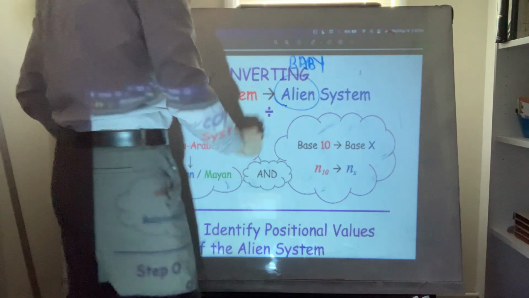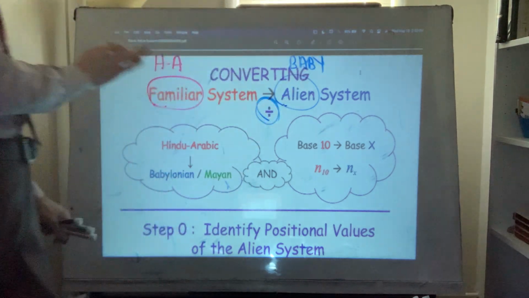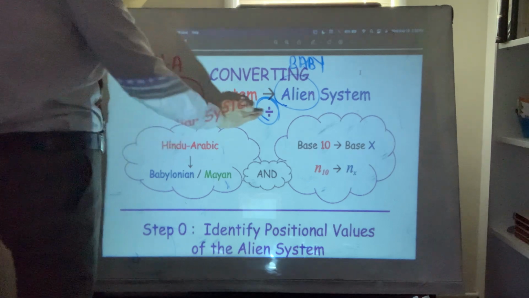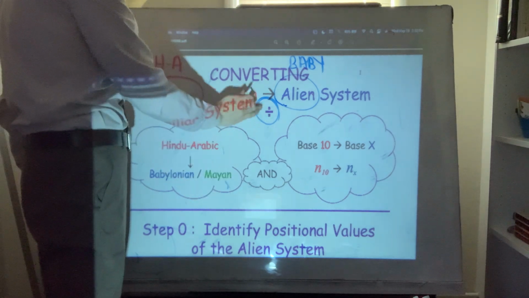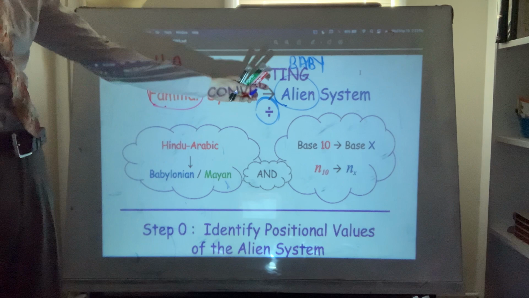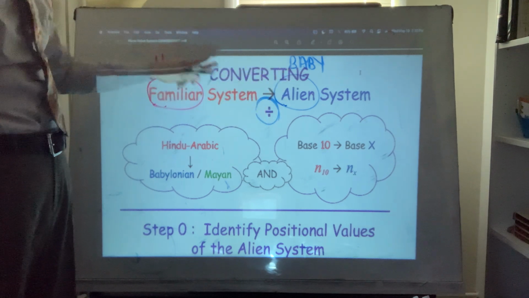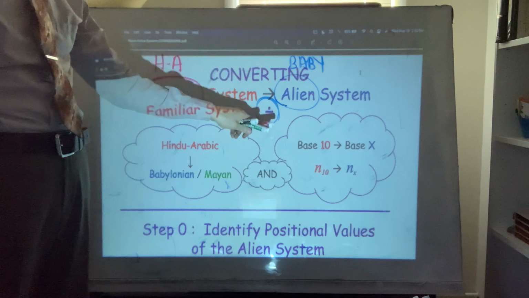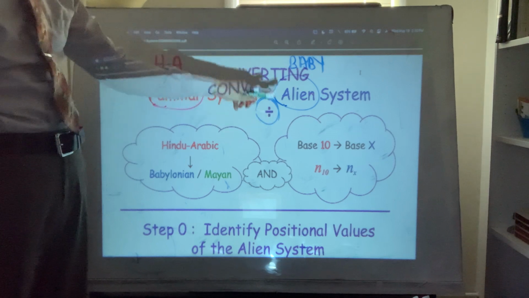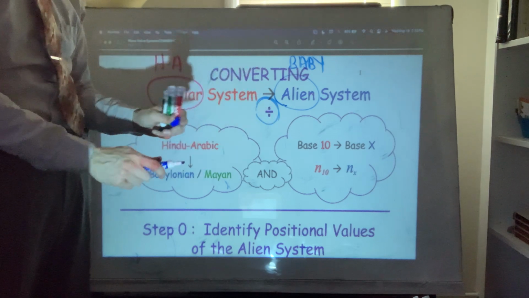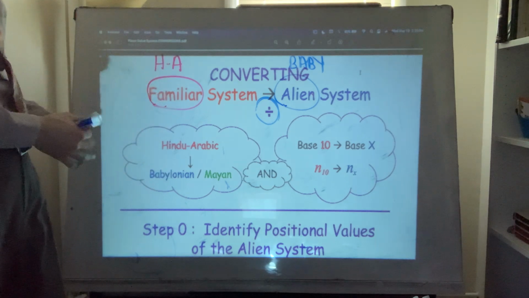Because you're going the other direction, you're going to end up dividing, basically. There's more to it than that, but convince yourself. Familiar to alien, divide. Alien to familiar, multiply. Familiar to alien, divide. They're opposite operations, right? This is a bit of a summary here.